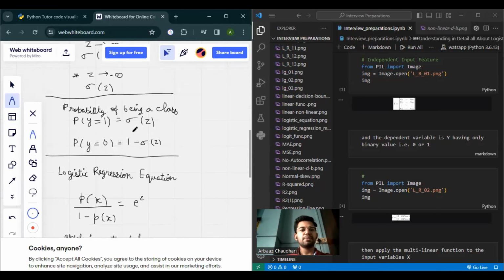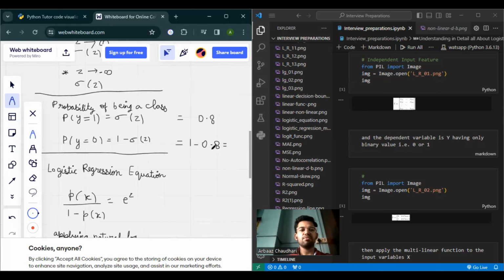We will subtract it from 1. Suppose sigma of z was 0.8. If you want to find the probability of class 0, then I will do 1 minus 0.8. It will give me 0.2, right? The probability of being class 0 is only 0.2.